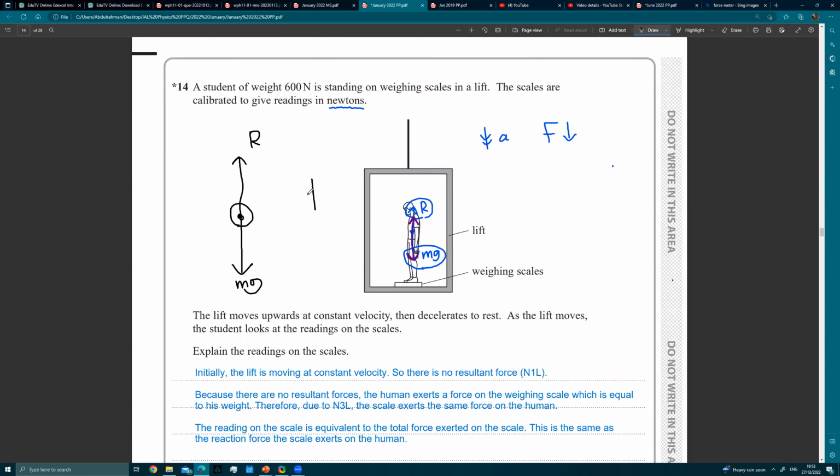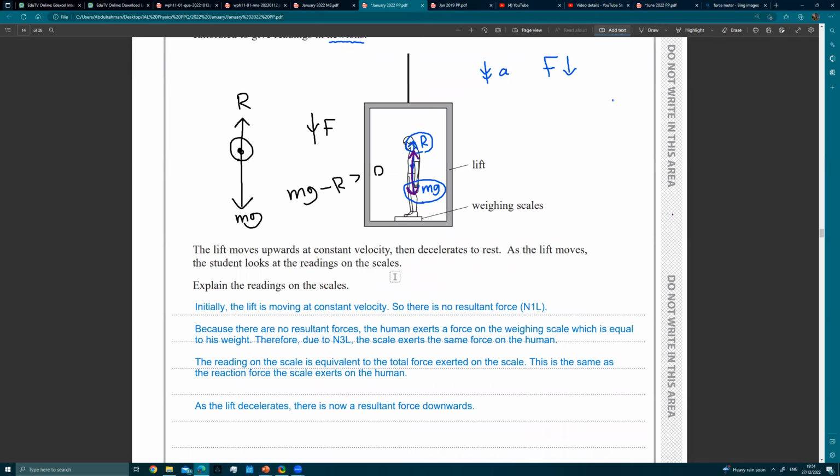Now we're saying there is a resultant force, meaning this is only possible if mg minus R has to now be greater than zero. mg has to be greater than R for you to have a resultant force downwards. But mg could never change. The weight of the human could never ever change. So how is it possible to have a resultant force downwards? That must mean your reaction force would have had to have decreased.